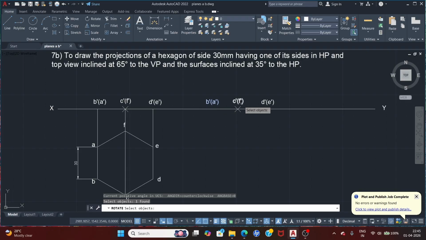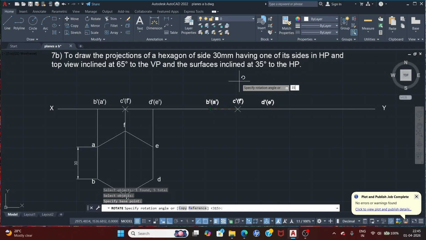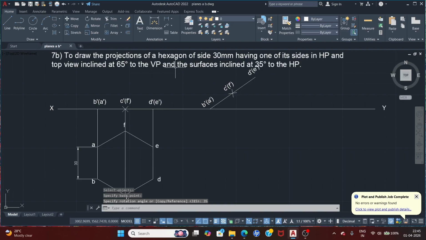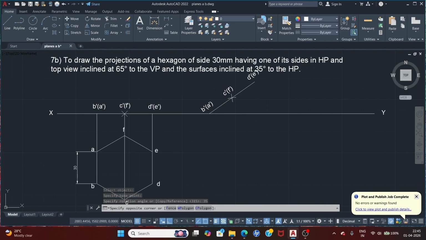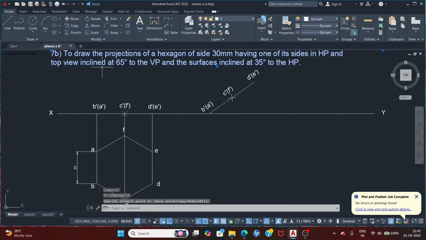So next select the same copied content and use the rotate command and rotate. This is my base point. So rotate with the HP angle. The HP angle is 35, so give the angle as 35. Okay. And now check whether it is 35 degrees or not.